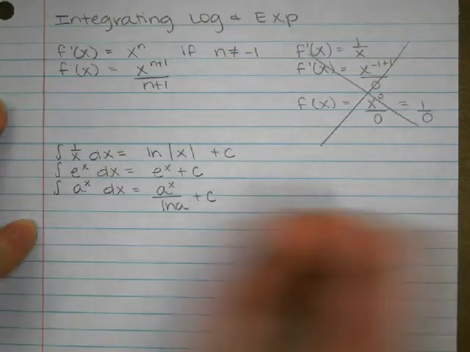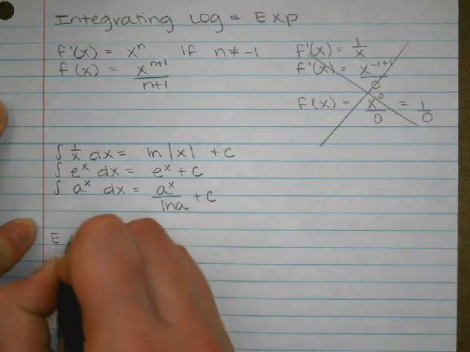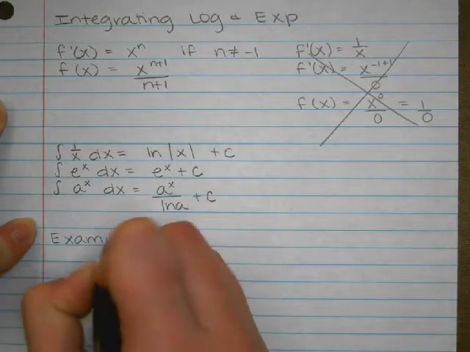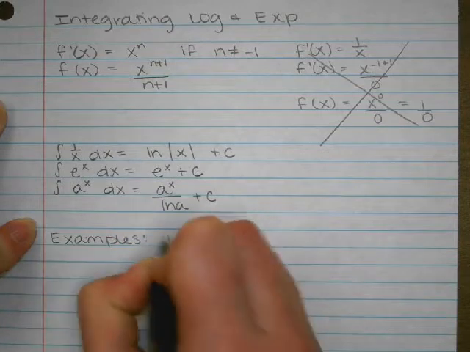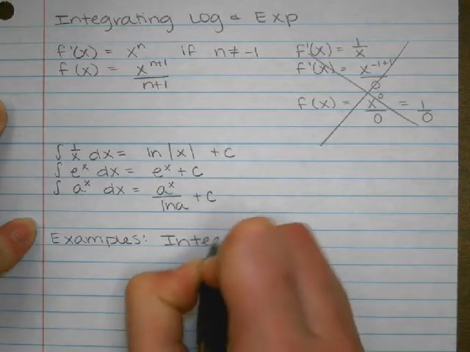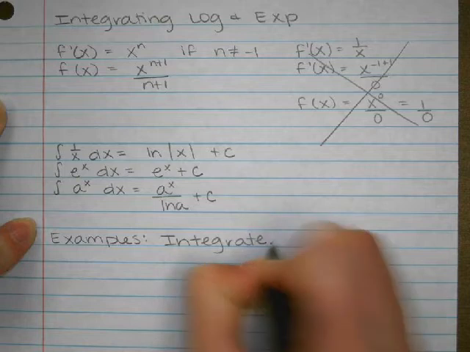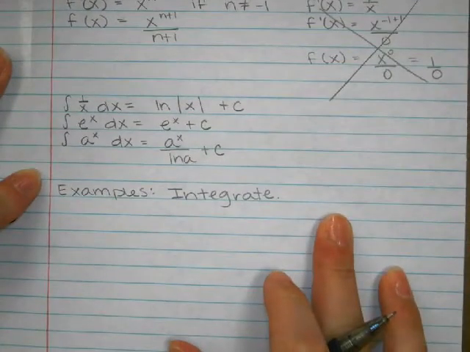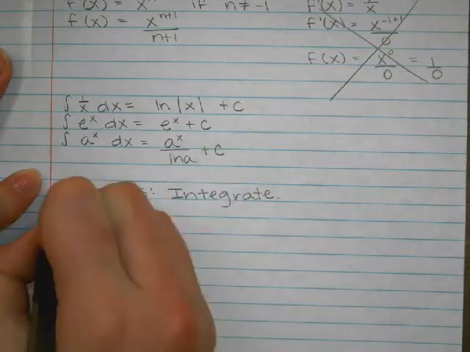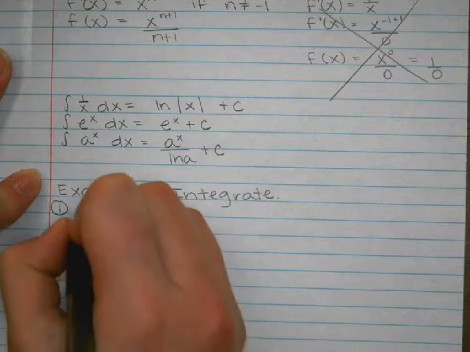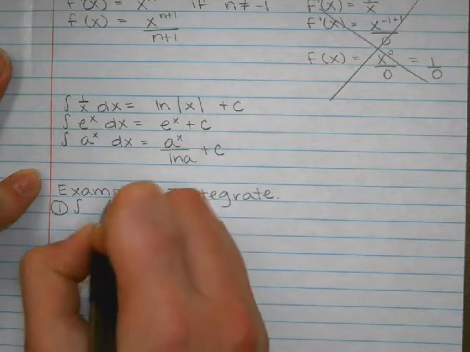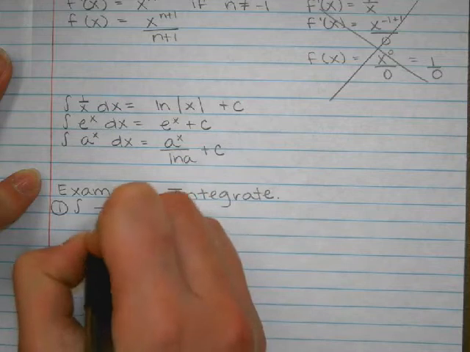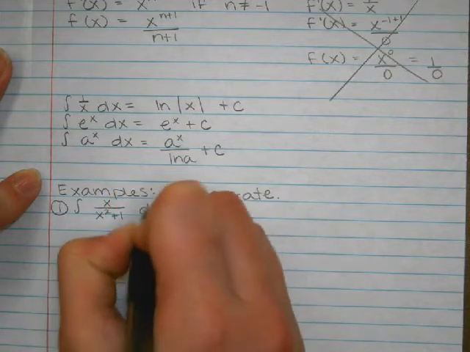All right, so we're going to go ahead and work through some example problems. The instructions for all of these are just going to ask you to integrate each of the problems. So the first problem we're going to do is x over x squared plus 1 dx.